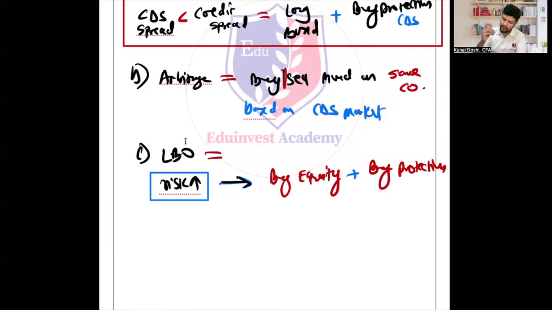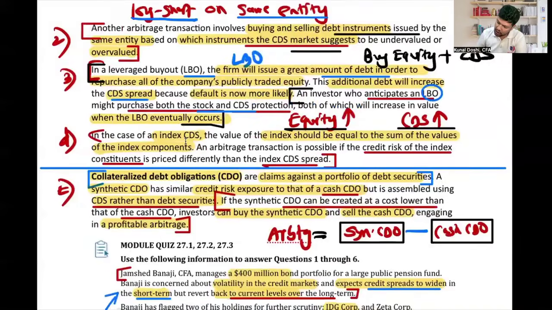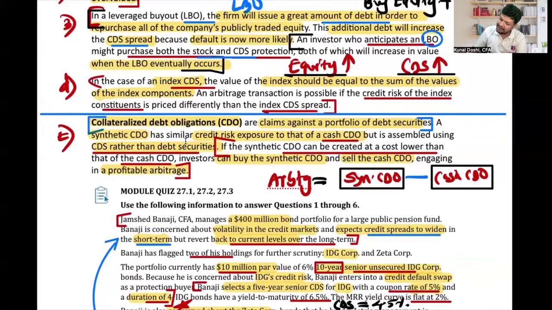Correct. Then you have index CDS, where the value of the index should be equal to the sum. So with index CDS, you will do an arbitrage between the index and the constituents, right? So the credit risk of the index and constituents is compared.